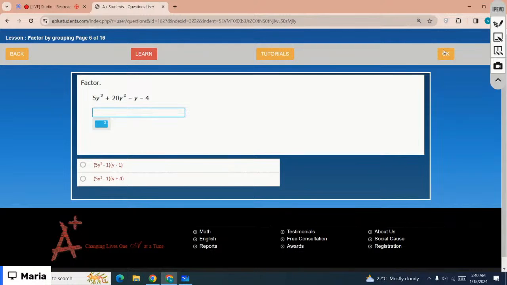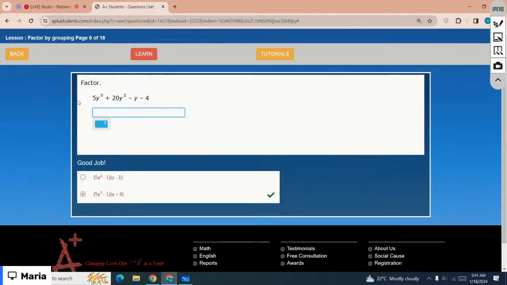The correct option is option number 2, that is 5y squared minus 1 times y plus 4, right? Okay, you can complete the lesson by yourself later today.